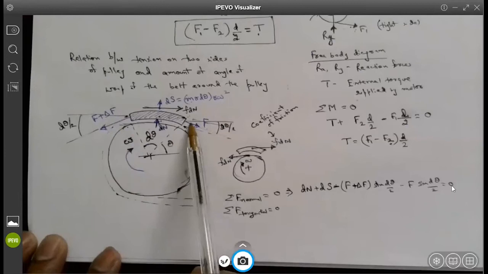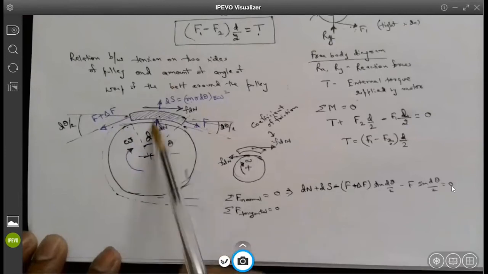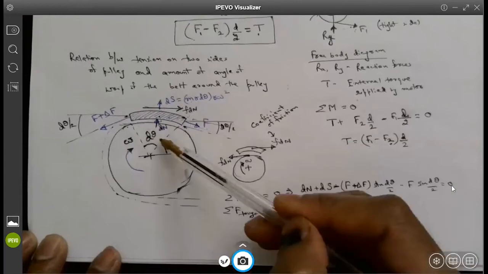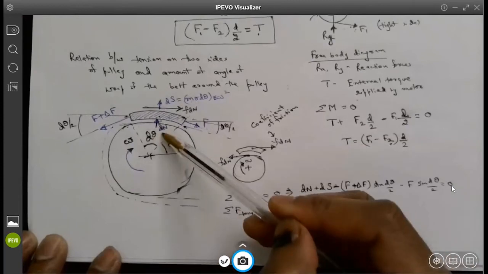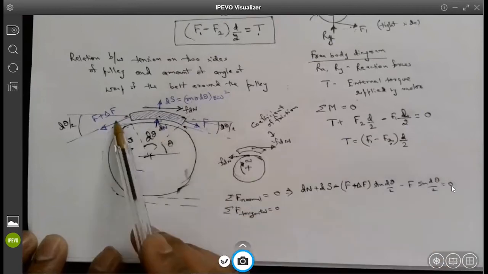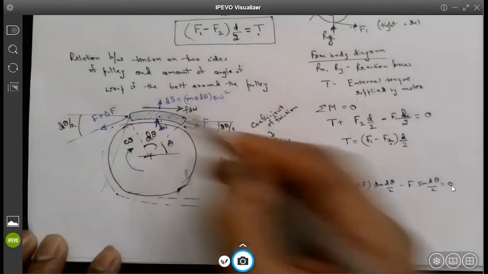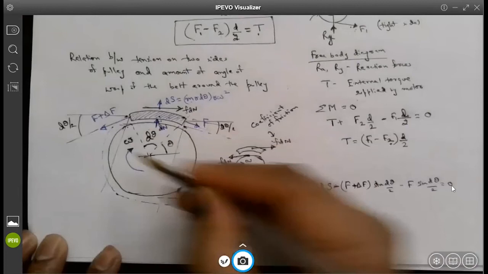And then what I do, I take all the forces in the normal direction and sum them up. So in the normal direction, the forces acting are dN and dS in one direction, this dN plus dS, and then the component of the tension forces in the normal direction.